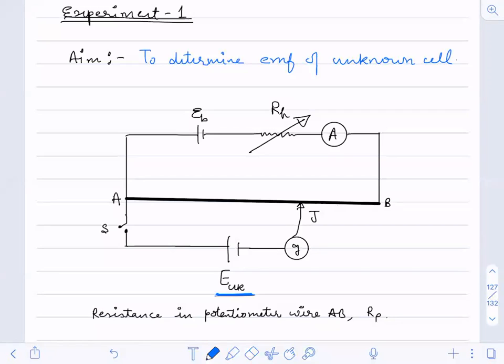Now, this potentiometer wire AB, the resistance in the potentiometer wire is Rp. Fine. Now we have to see this circuit.